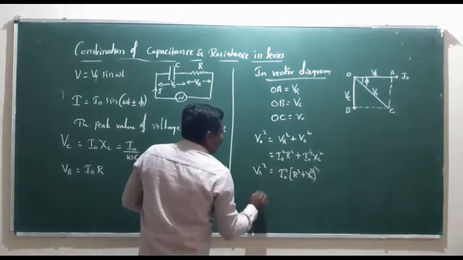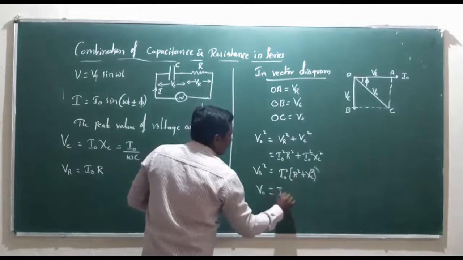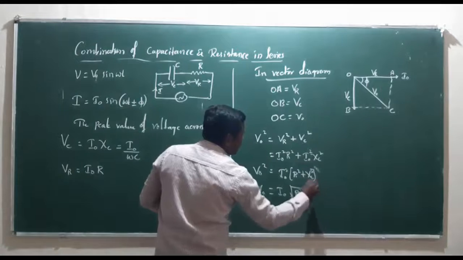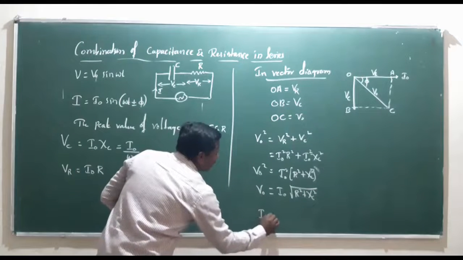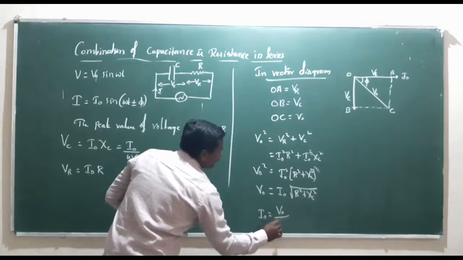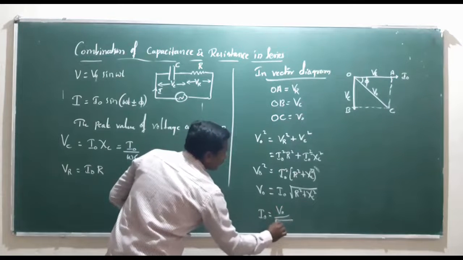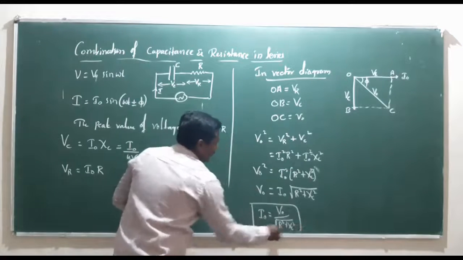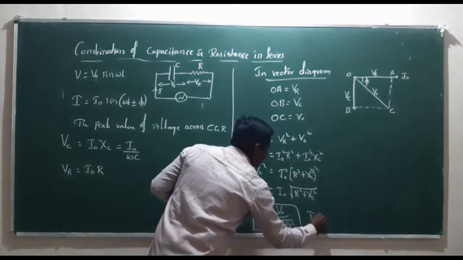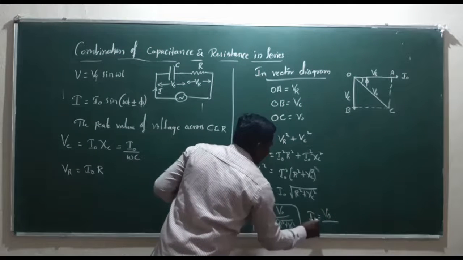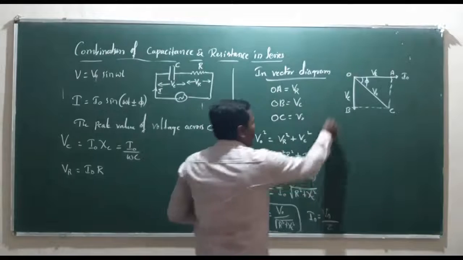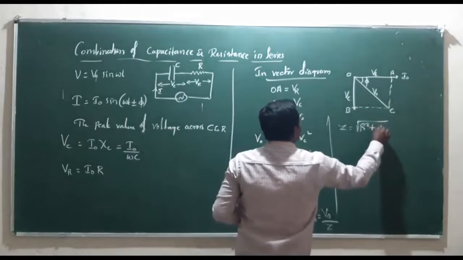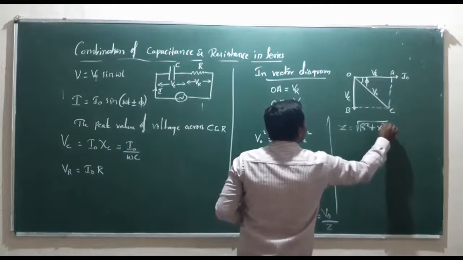Now V naught is equal to I naught times the square root of R square plus chi of C square. Therefore, I naught is equal to V naught divided by the square root of R square plus chi of C square. If we compare this expression with I naught equals V naught divided by Z, we get Z equal to the square root of R square plus chi of C square.